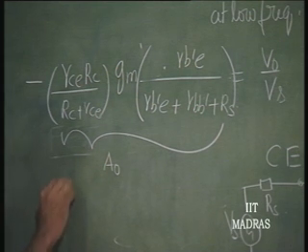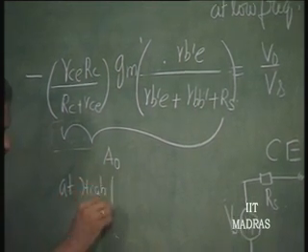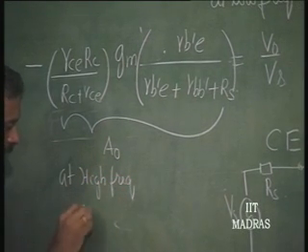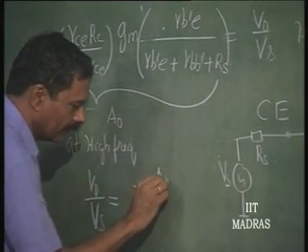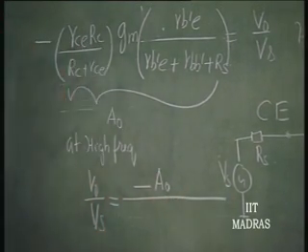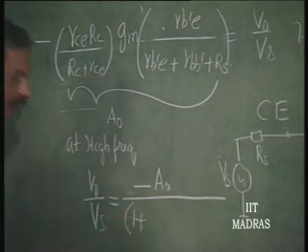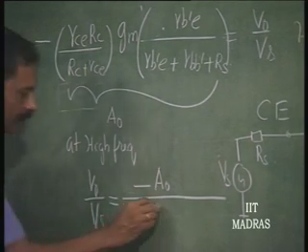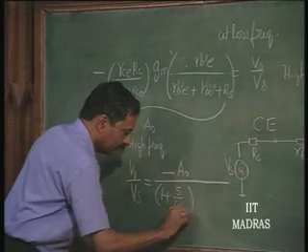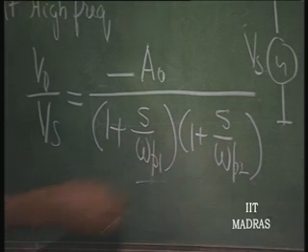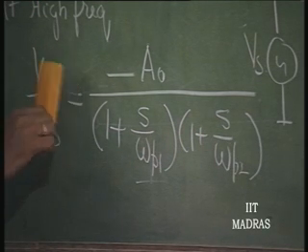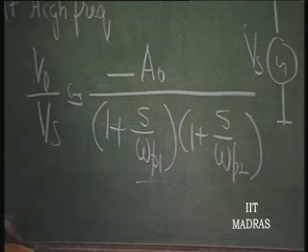So, at high frequencies V naught over V s becomes minus A naught divided by, let us see, 1 plus S by omega P 1, 1 plus S by omega P 2, approximately. This we discussed in the last class, how it becomes.